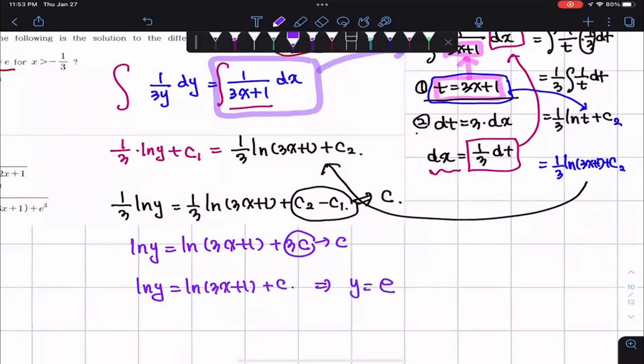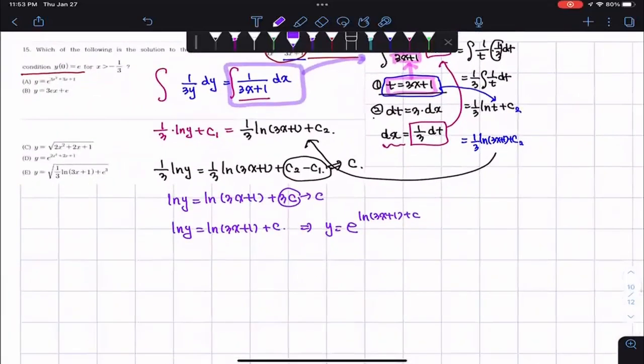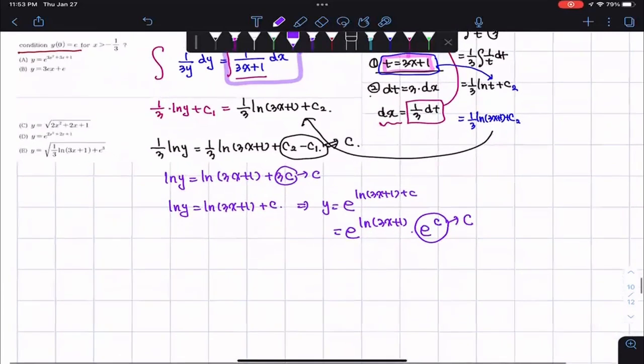y = e to the power of (ln|3x+1| + C). Separate: e to the power of ln|3x+1| times e to the power of C. Since e to the power of C is a constant, also undetermined, we call it C. So y = C times e to the power of ln|3x+1|.